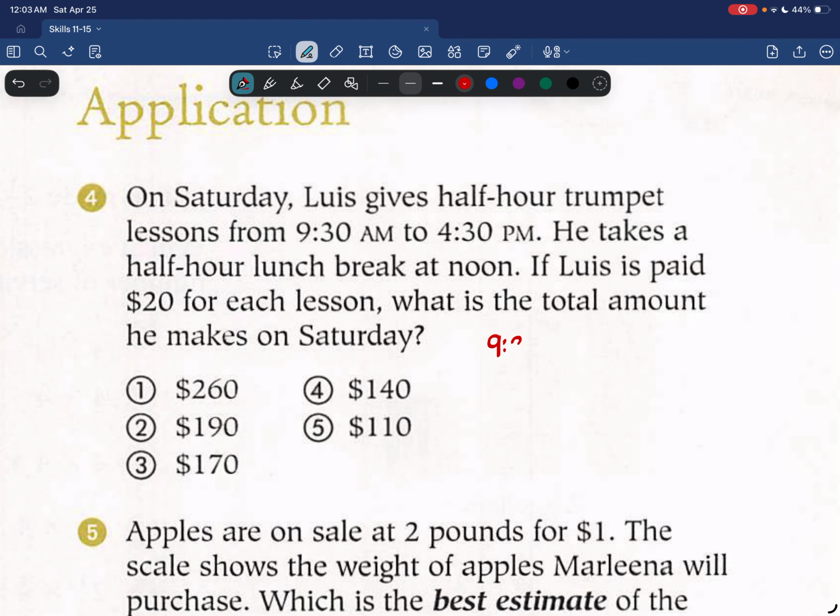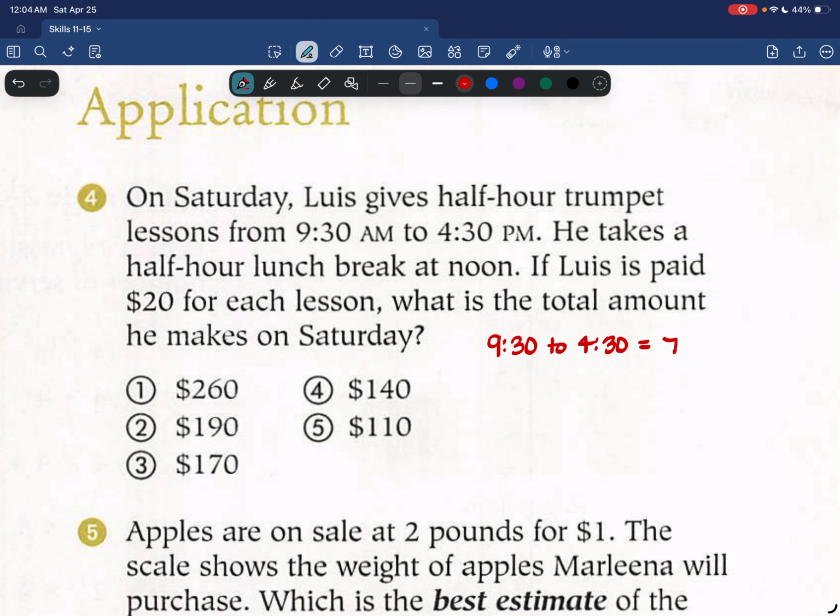Well, from 9:30 to 4:30, you can just count this up. You could subtract. You could do whatever you wanted. I'm just going to count it up. So starting at 9:30, I would have 10:30, 11:30, 12:30, 1:30, 2:30, 3:30, 4:30.